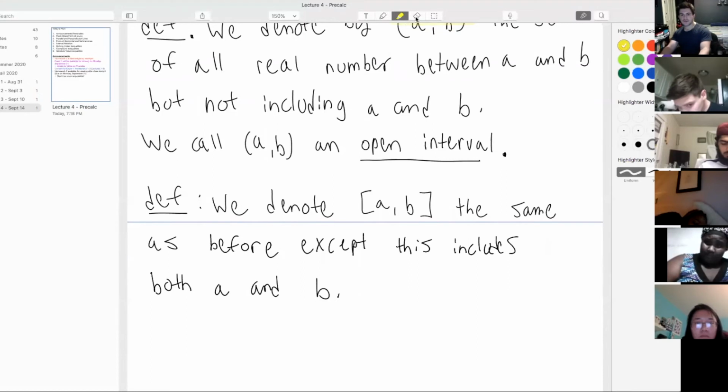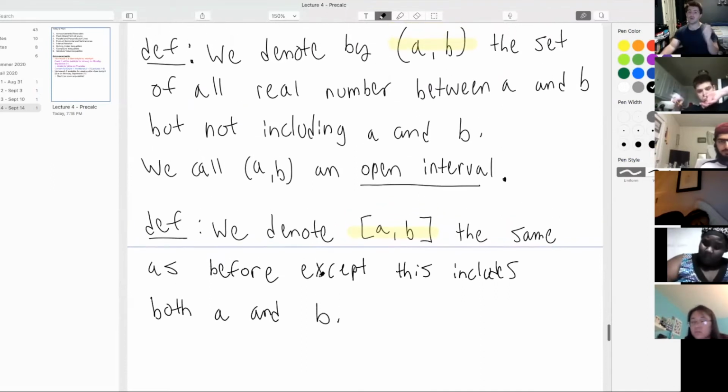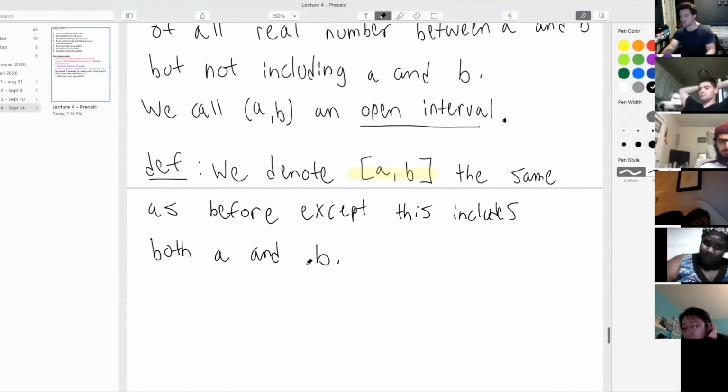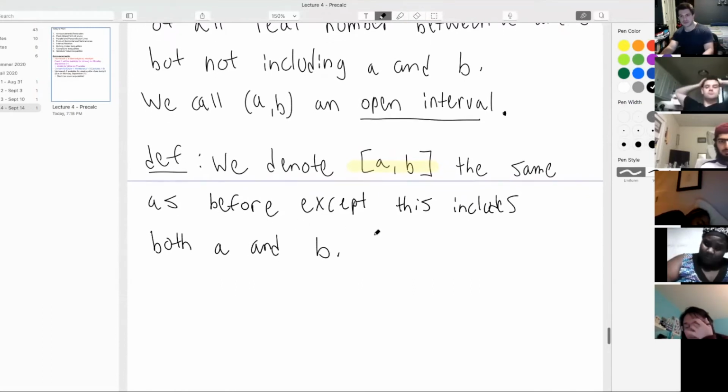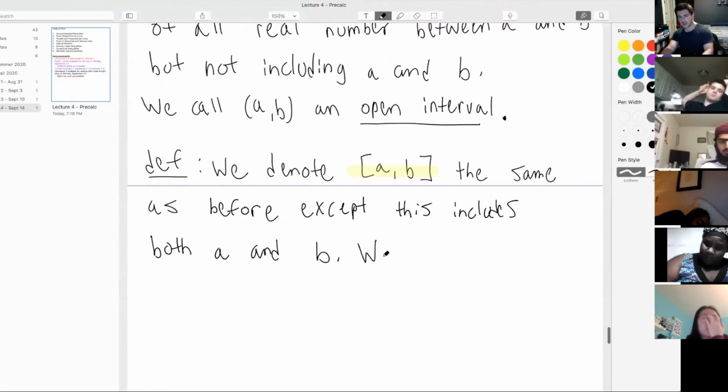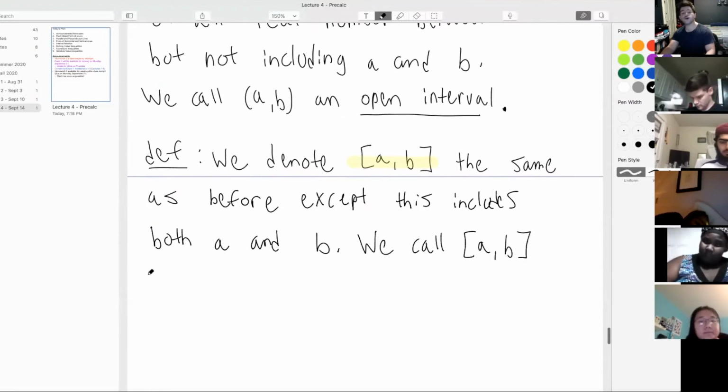The brackets mean that we're actually including those points A and B in our set. Before, they were not included, but now in this notation they are. What is the terminology? We call bracket A, B a closed interval.